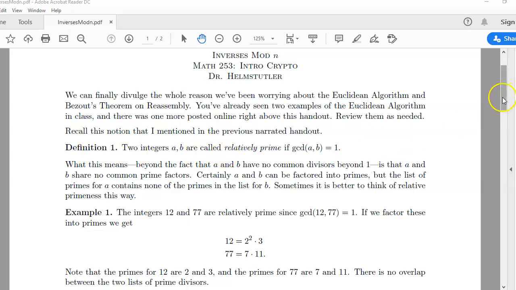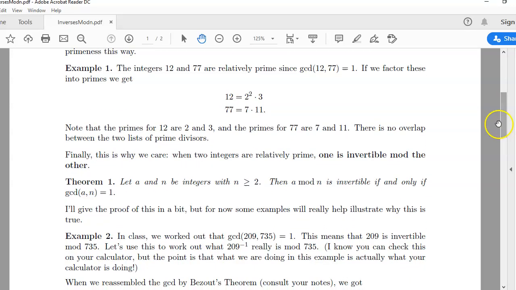Here's an example, example 1. 12 and 77 are relatively prime, since the GCD of 12 and 77 is 1. And sure enough, if you factor 12 into primes, you get 2 squared times 3, and 77 into primes is 7 times 11. And 2 and 3 don't have anything to do with 7 and 11, right?